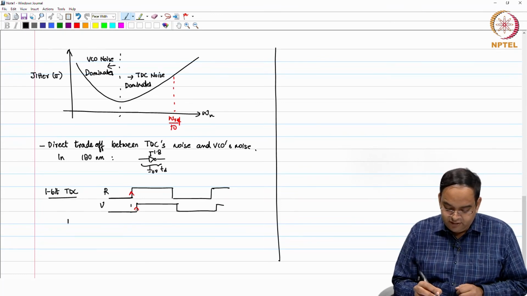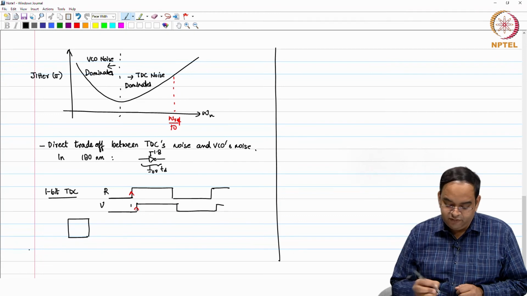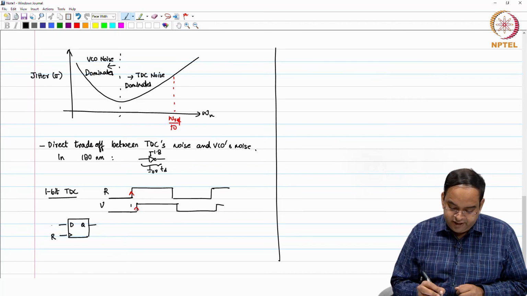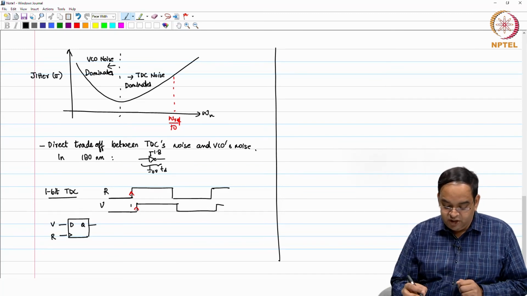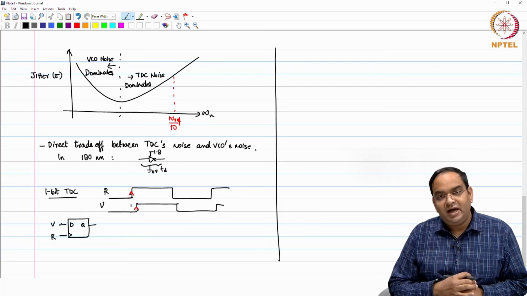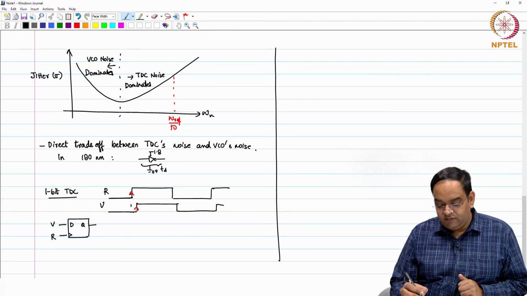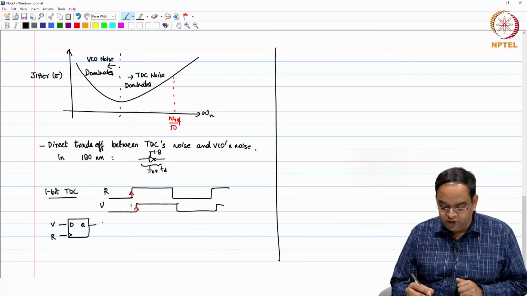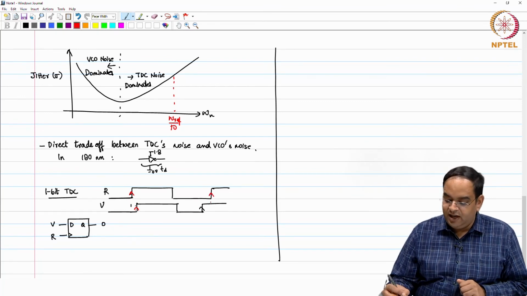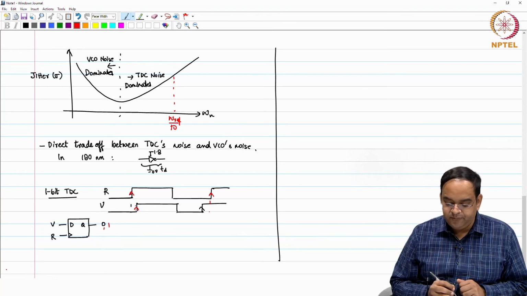That can easily be done by using a simple D flip flop, with the clock and the input, and this is Q. So, this is your reference and this is your feedback. Whenever you get the rising edge on the reference, you look at what value of V you have. Here the value of V in this example is 0, so what you will sample is 0. In the other case, if I create this waveform, then when you sample R here, in the next case this is going to be 1.